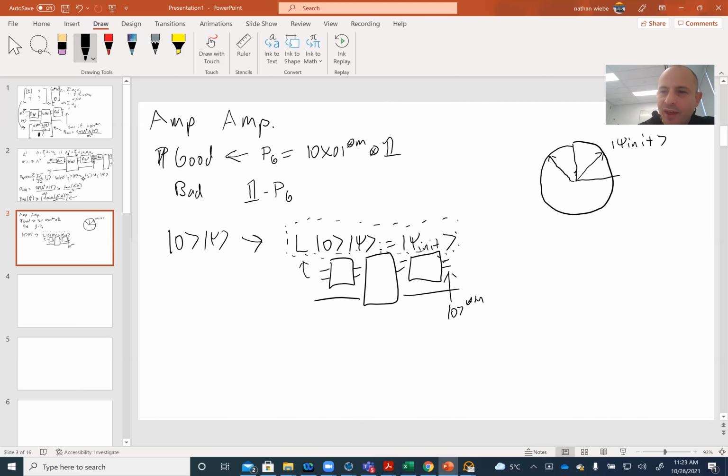And so the basic way that we built this is we built a walk operator of the form negative identity minus 2 times the projector onto good times the projector onto init.